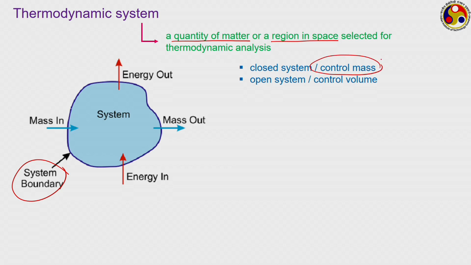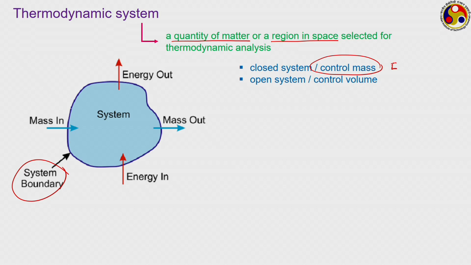Across the boundary of the system there will be no mass interaction. There will be only energy interaction between system and surrounding, because if there is any kind of mass interaction, the mass of the system tends to change, which we can't allow as per the definition of a closed system.